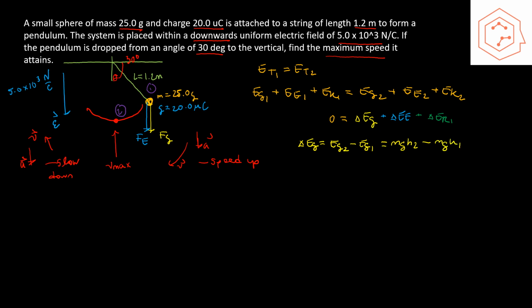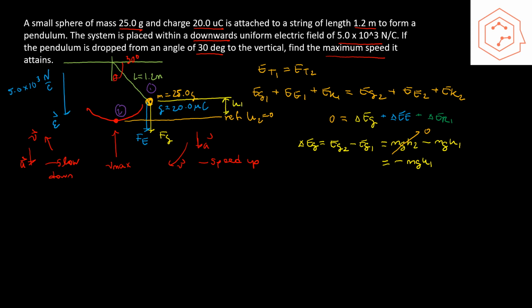And since we only care about the change, because we don't know how high this contraption is, this could be the ground, we don't know, we'll call the bottom of this curve our reference point, where h2 is equal to 0. And so this value is equal to 0, and our change in the gravitational potential energy is equal to negative mg h1, where this is now h1.